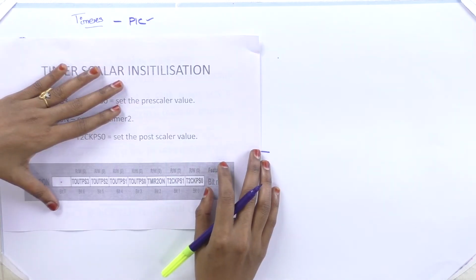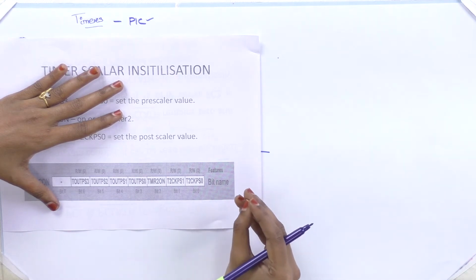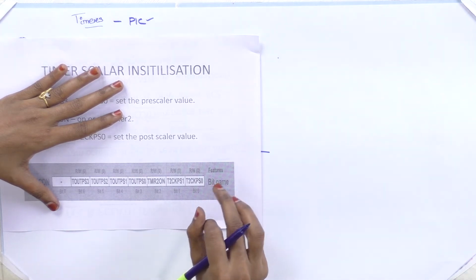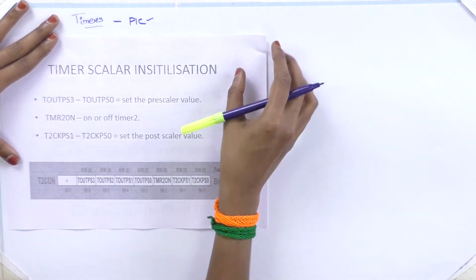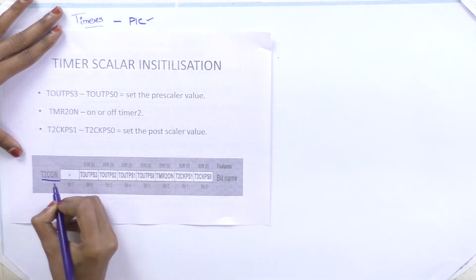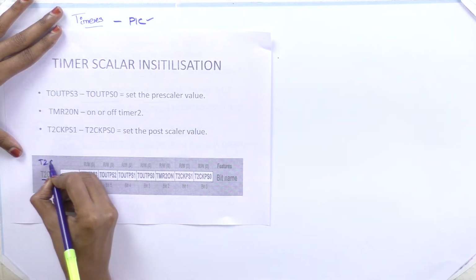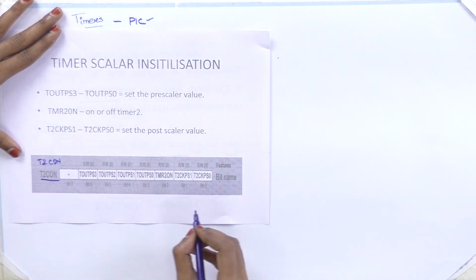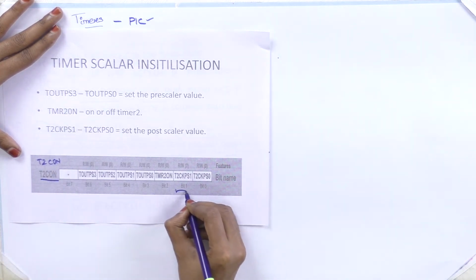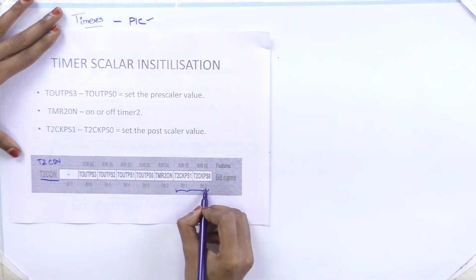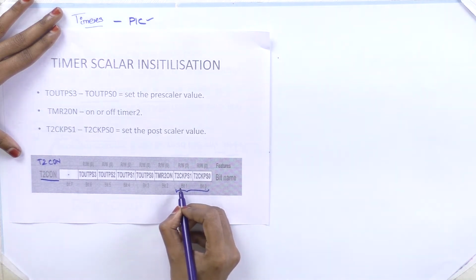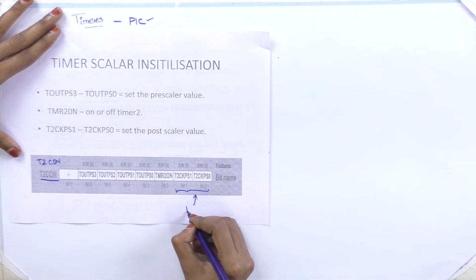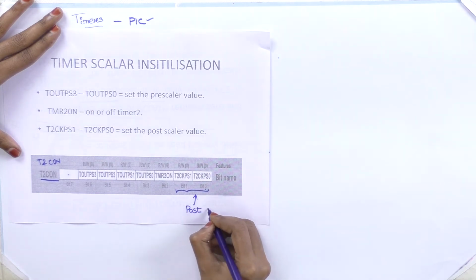Next we will see how we can set the pre-scalar, main scalar and post scalar values. We have a separate register called the timer 2 control register, T2CON. In this, bit number 0 and bit number 1 are used to set the post scalar value.